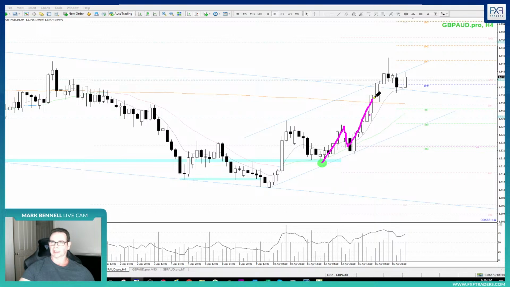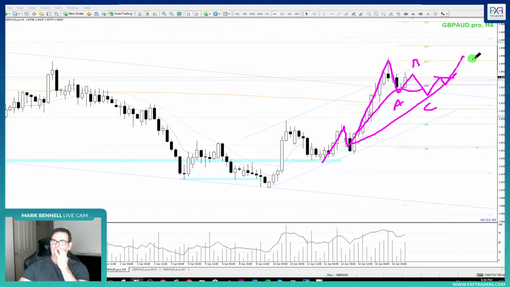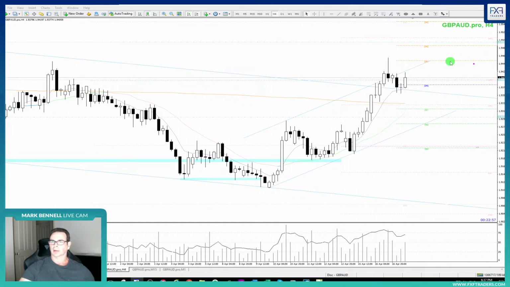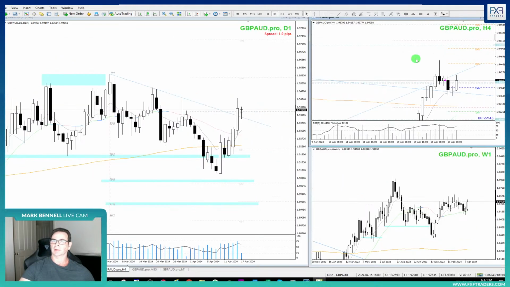So hoping that we can get maybe something in here and let the moving average A, B. It doesn't always have to be an A, B, C, of course. As we've spoken about before, we can just get a single leg pullback. But we have it now. We've got a swing in there now.